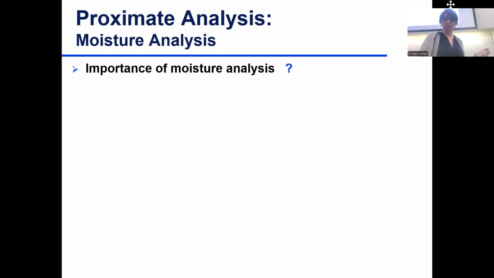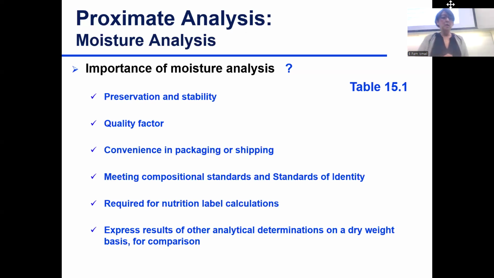All right, let's reveal. Sometimes we want to dry or concentrate the sample to a specific moisture content so that it's less volume, less weight, good for transportation, or good just in general.